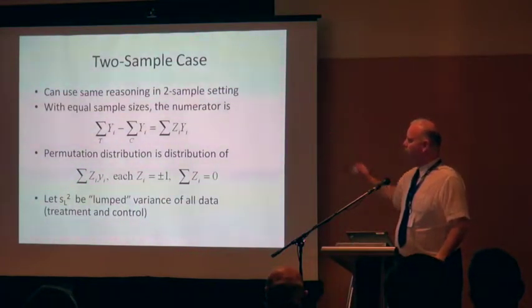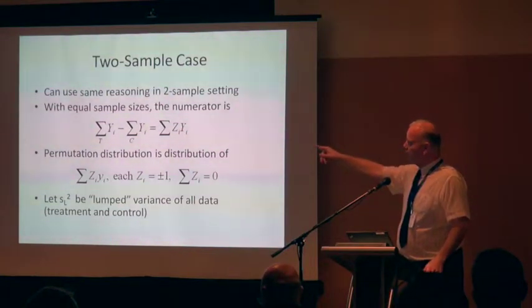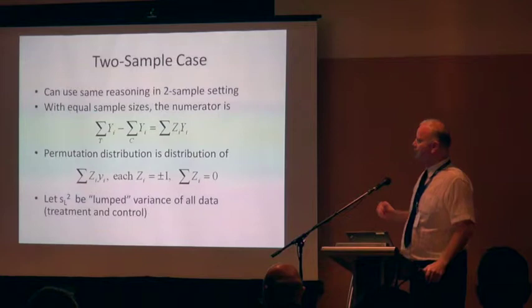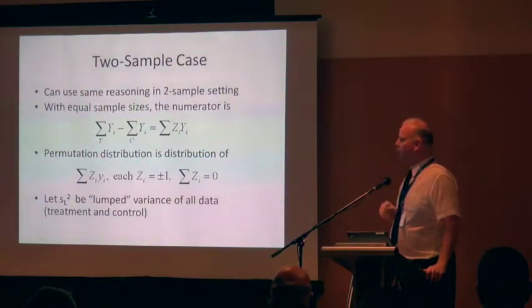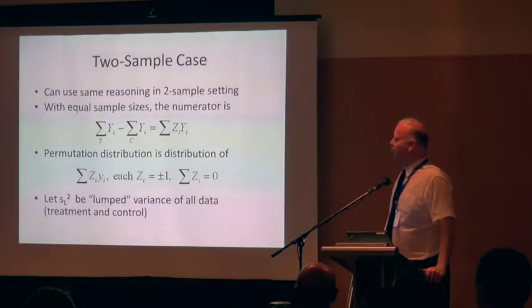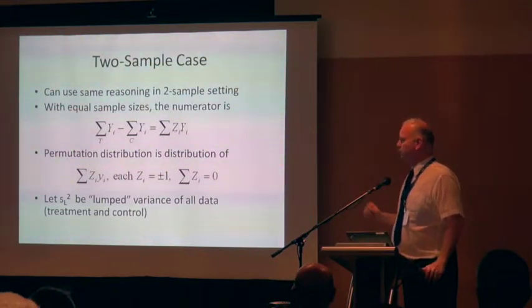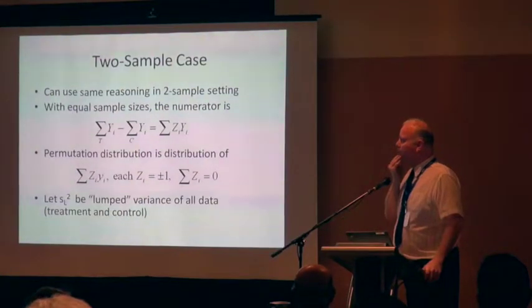Let's just assume for simplicity that the sample sizes are equal. Then the numerator of the test statistic is just the difference between the sum of the treatment observations and the sum of the control observations, which I can write as the sum of Zi times Yi, where the Z's are plus or minus 1s. And we're trying to do the same thing: get some more information about the common variance.